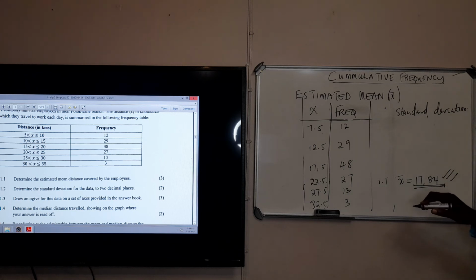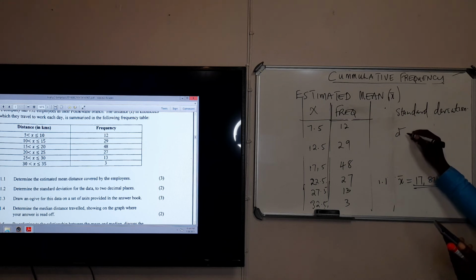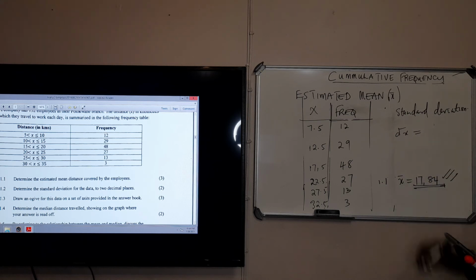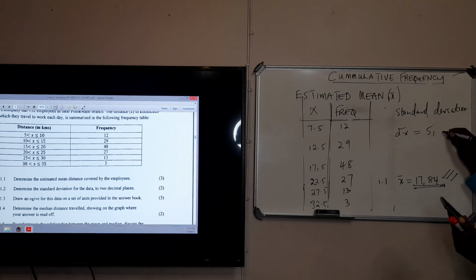So now, our standard deviation is given like this, and so it's option number 3. You press your 3 and press your equal sign, and our standard deviation is 5,88. They said leave it to 2 decimal places.